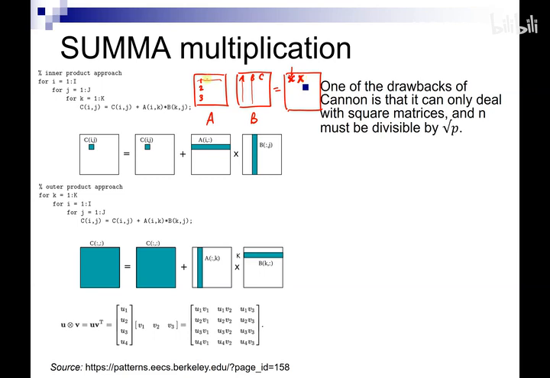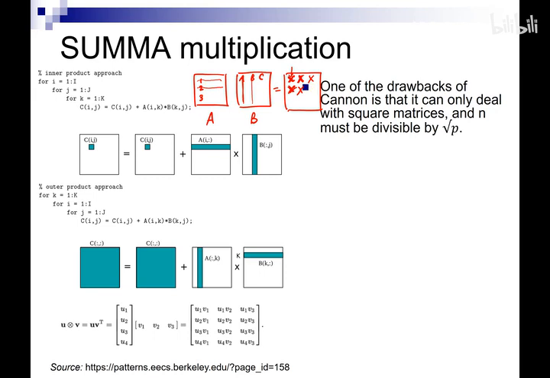Likewise, you can take this 1 and multiply by C to produce part of the output over here. In the same way, you take this row and multiply by this column, and that gets you this output. If you only take 2 and multiply by A, that gets you part of this output. If you take 2 and multiply by B, that gets you part of this.